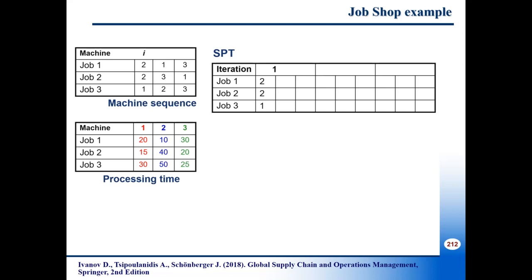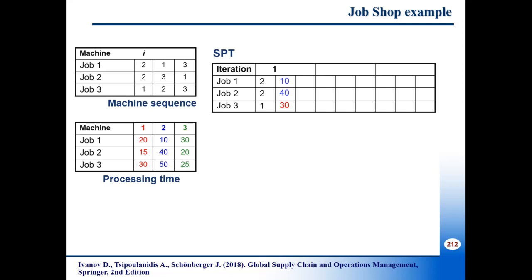For each machine, job number 1 needs 10 minutes to complete, job number 2 40 minutes, and job number 3 30 minutes, because it uses a different machine. The first two use machine number 2, but job number 3 uses machine number 1.